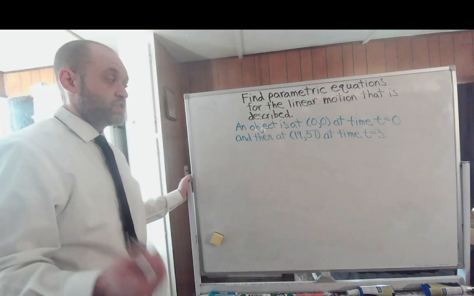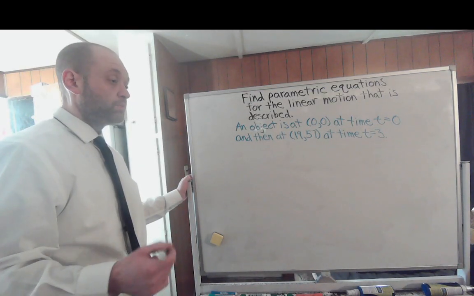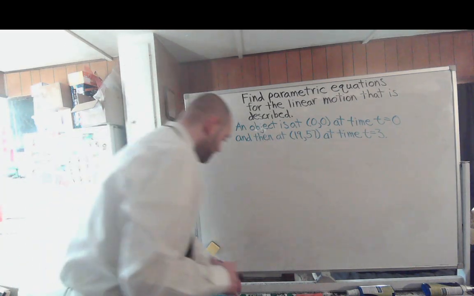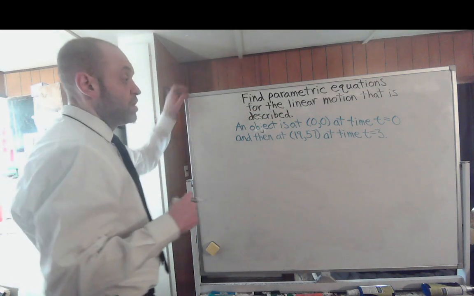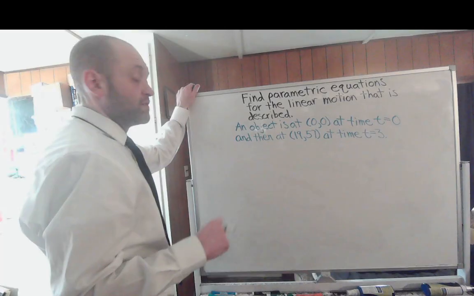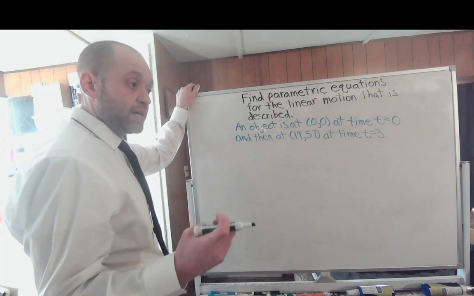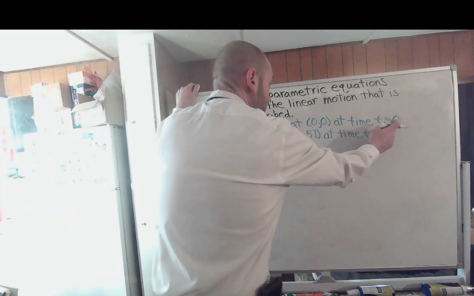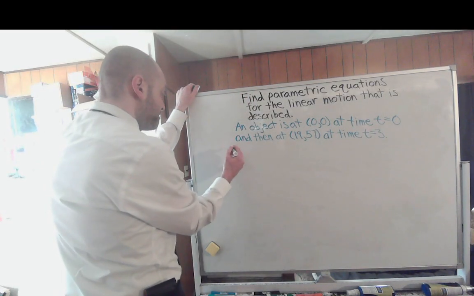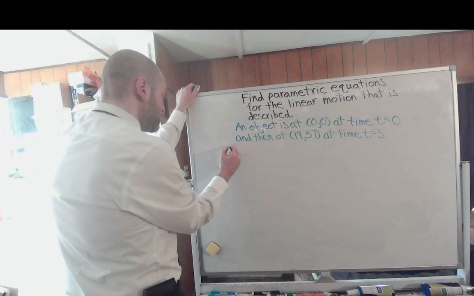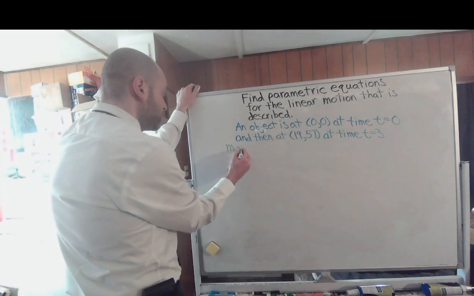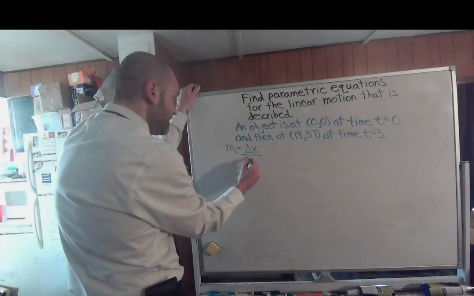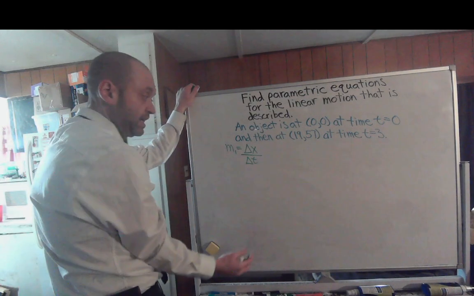So what are we going to do here? Well, we first need to find the slope of each. What do I mean by that? To find the parametric equation for x, you have to treat x as the dependent variable and t as your independent variable. So the first slope is going to equal your change in x over your change in t, or delta x over delta t.